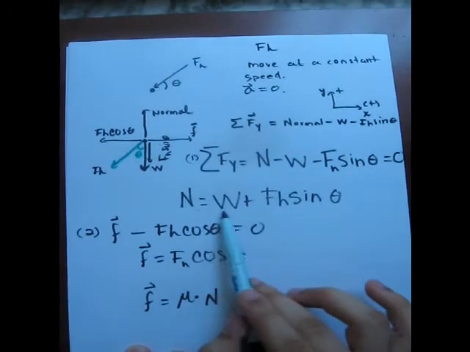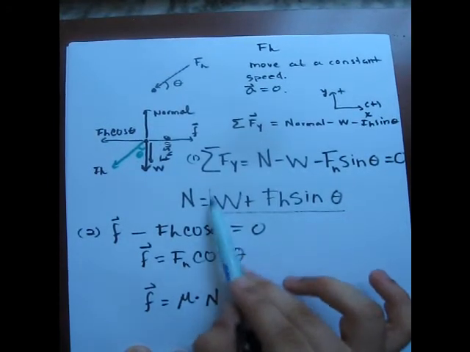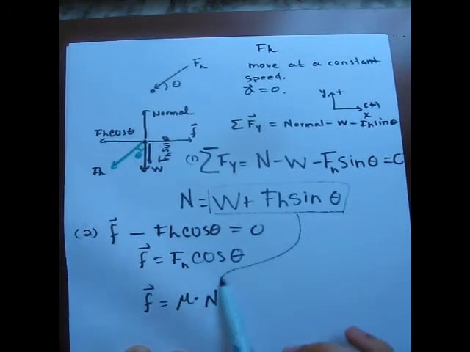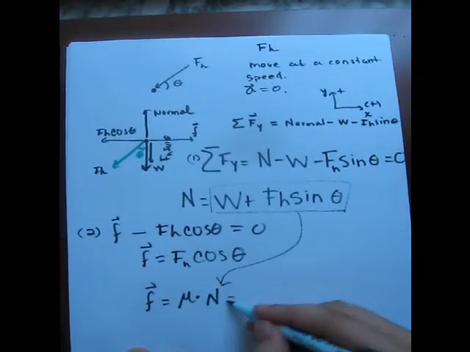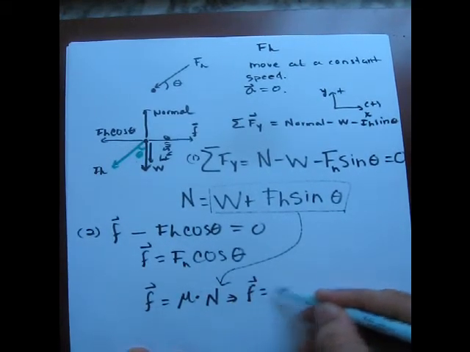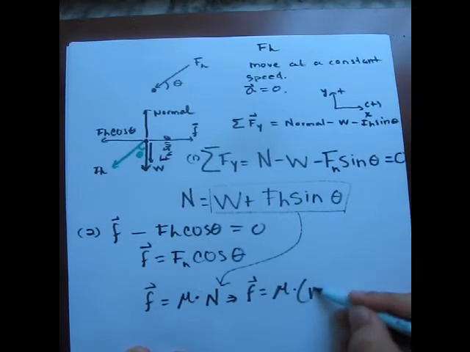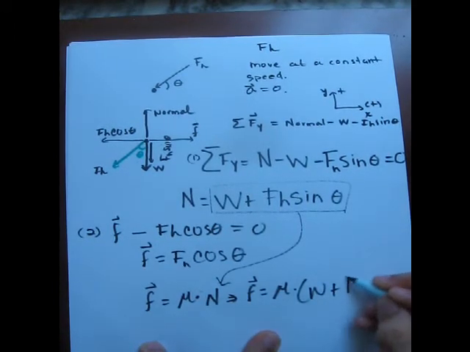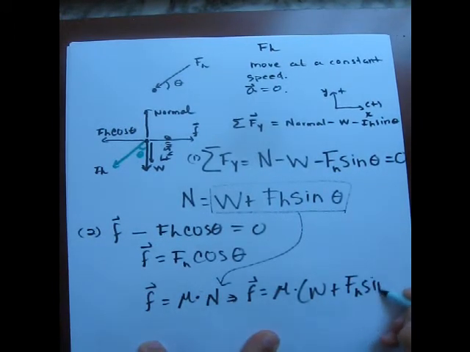So I'm going to put this normal inside here, so that my F will be mu times W plus F of H sine of theta.